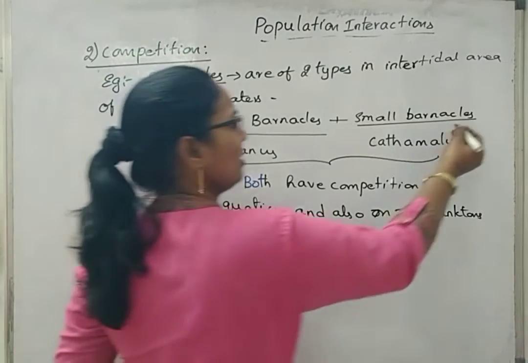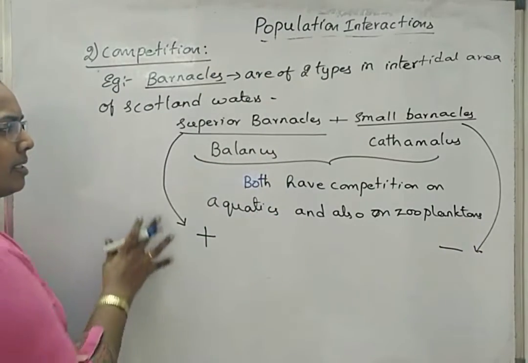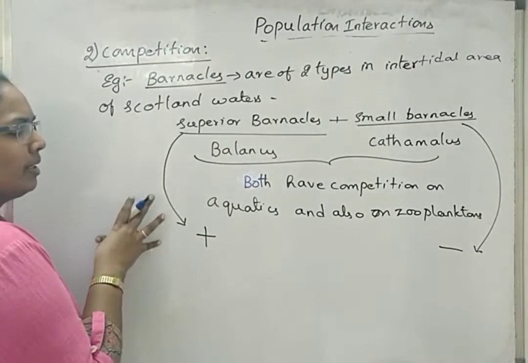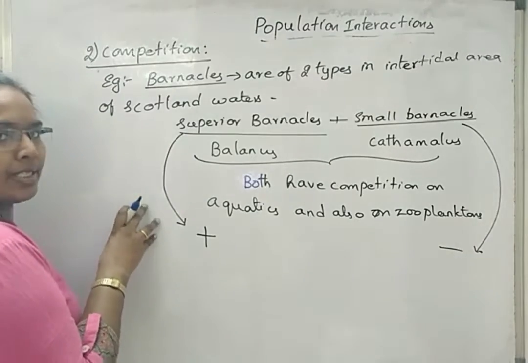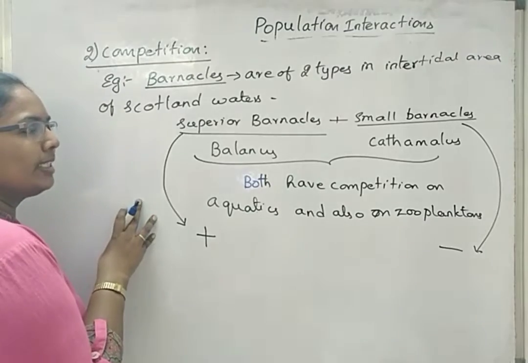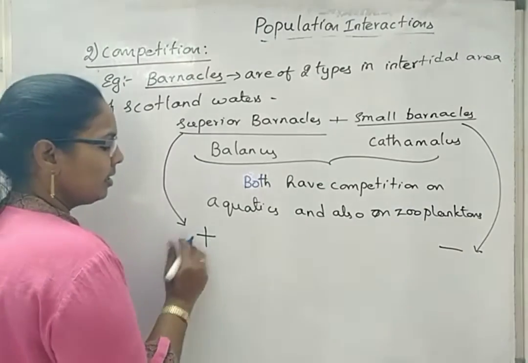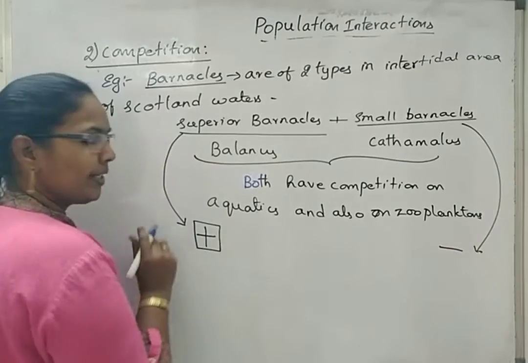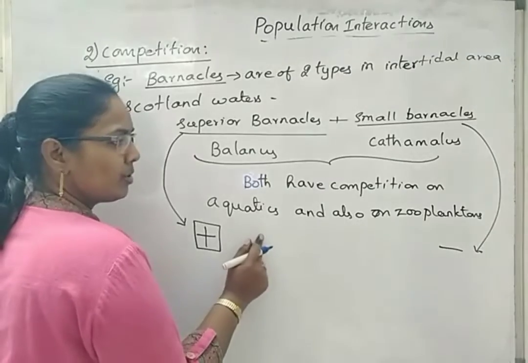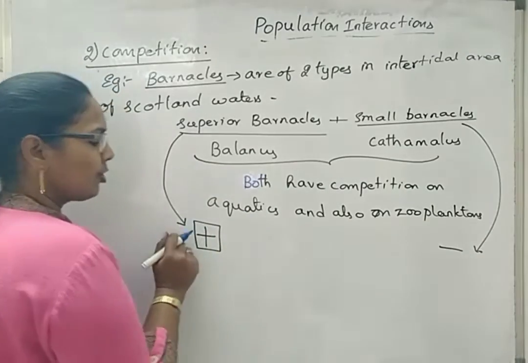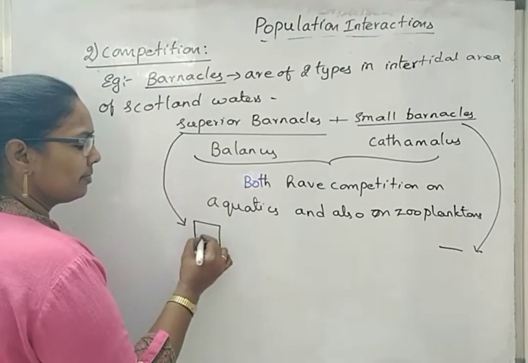It is making the small barnacles become extinct. This is one type of special competition, intraspecific type of interactions. Here, the benefit is only for a short period. Later, when the food resource is extinct, automatically this also perishes after some time.